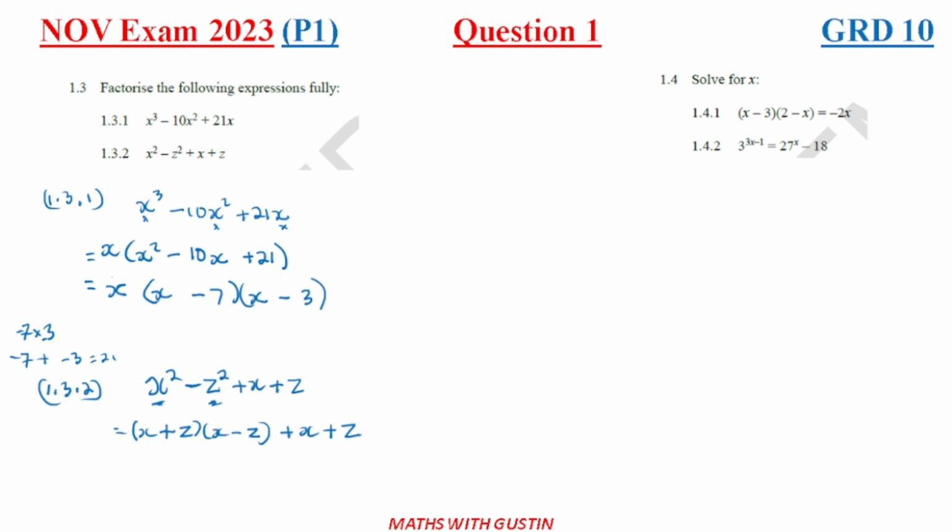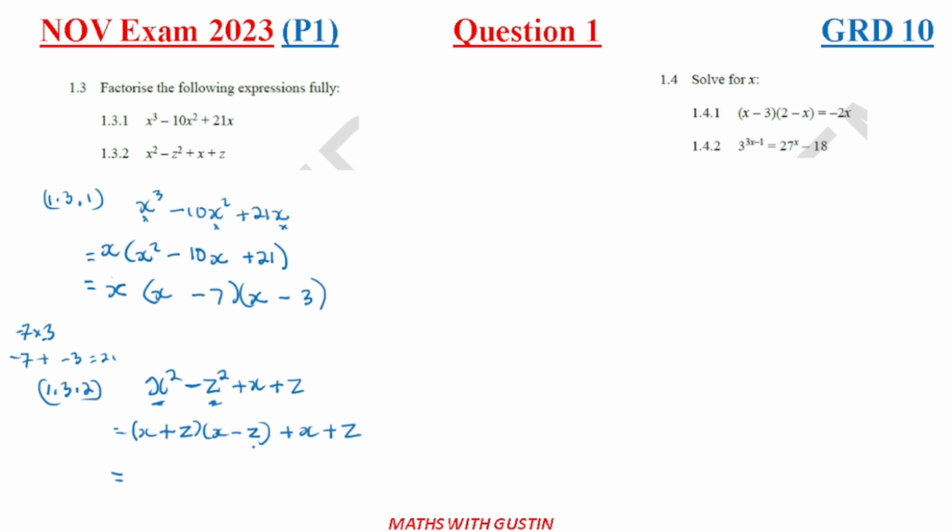Or you can also remove a common factor. Let me just have a look at this one right here. What can you do? Okay, great stuff. So you have got that and that. Can you remove the bracket? No, you can't. Okay, and this is how you would deal with this one here. Let me know what you guys think. Okay, I think you can also take out a common factor.